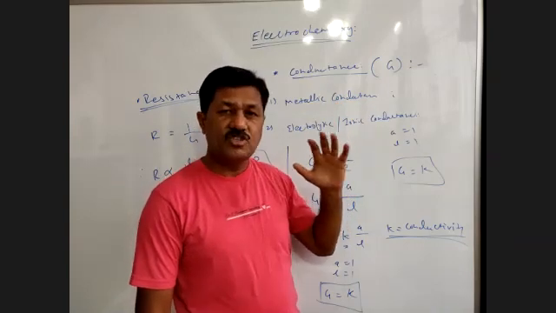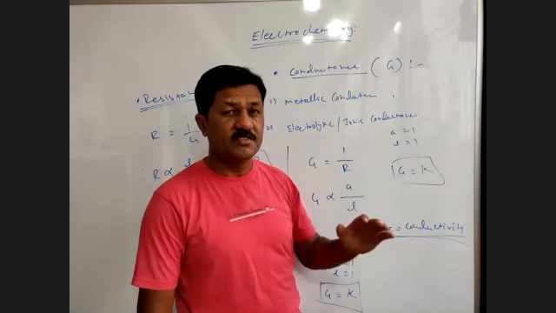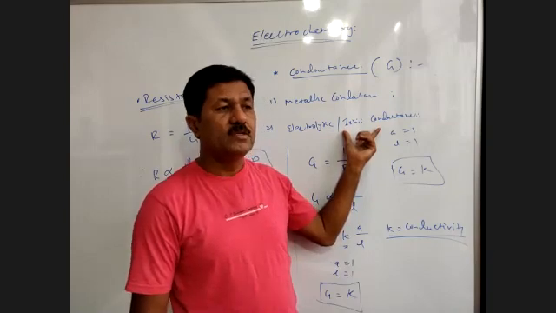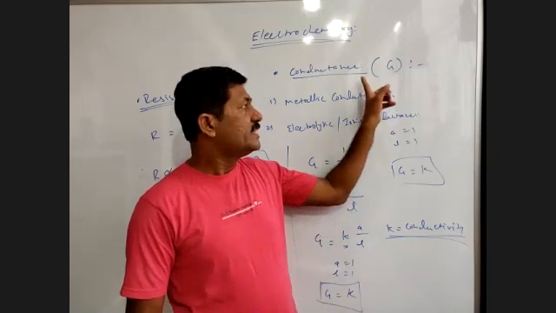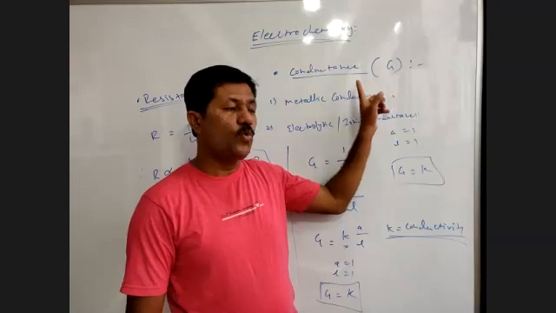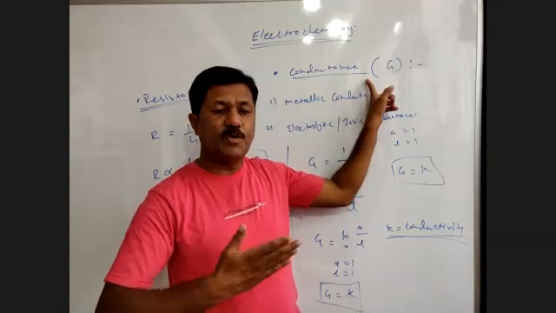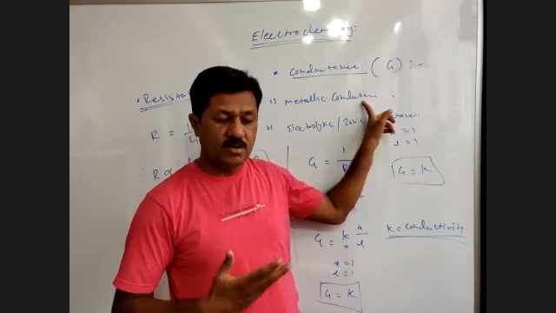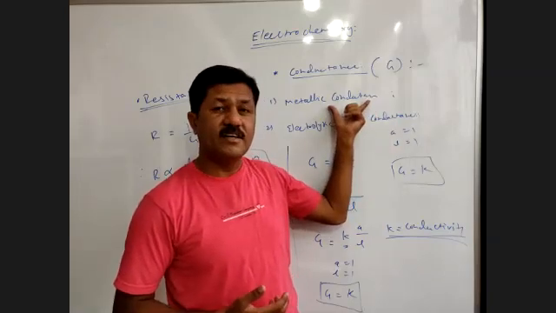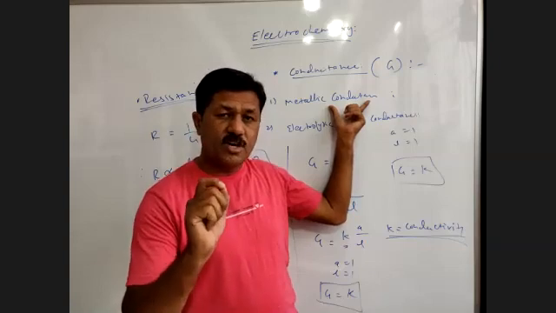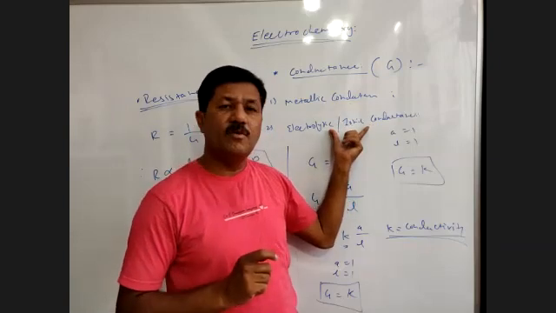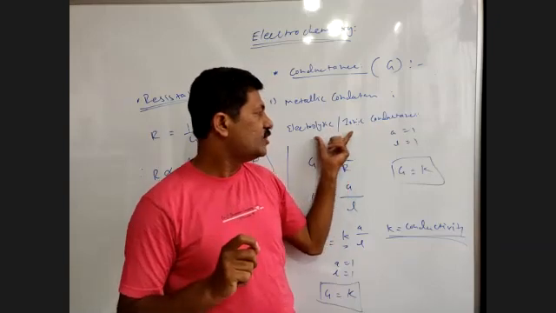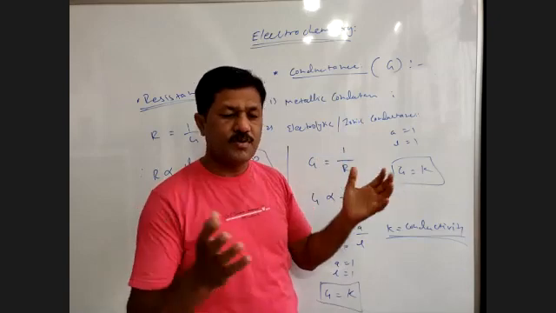Whenever charge transfer occurs with the help of ions, which may be cations or anions, that is called electrolytic or ionic conductance. Very important scenario.